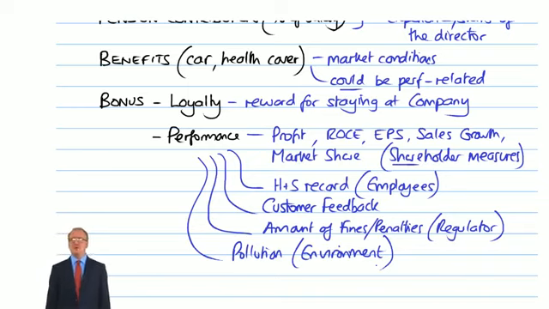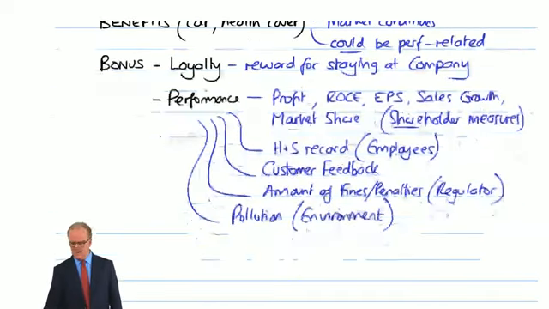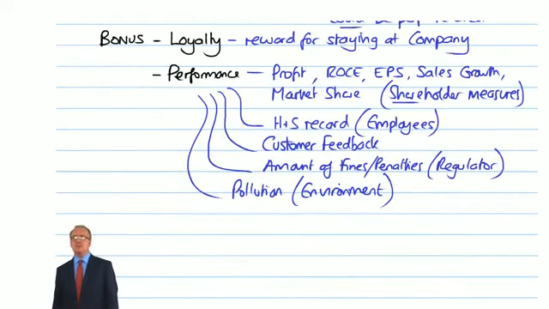The more measures you put in there, the more complicated the bonus scheme gets, but the harder it is to cheat it, and the more stakeholders you can bring into the calculation. So there's a bit of a trade-off between complexity and addressing as many stakeholder needs as you see fit. Bonuses have got a habit of being a bit short-termist.